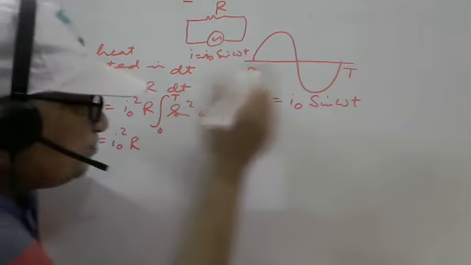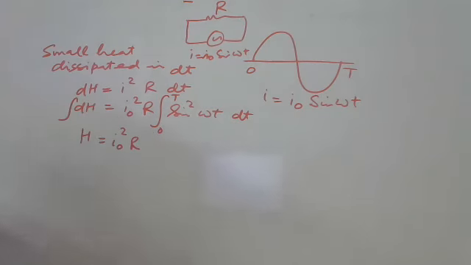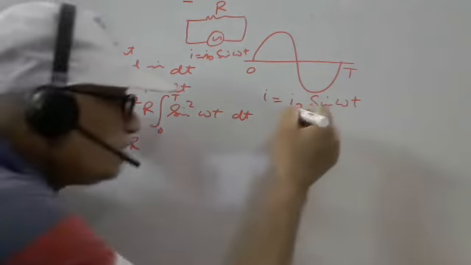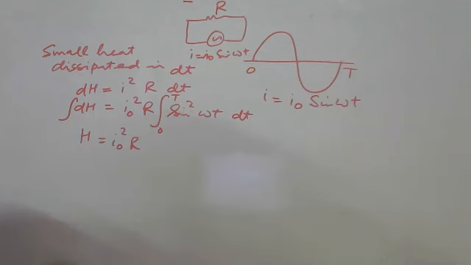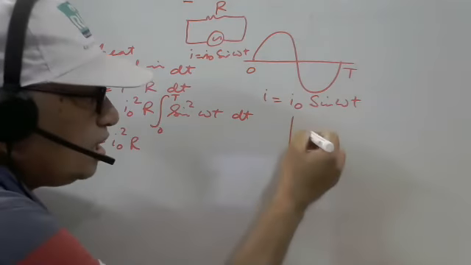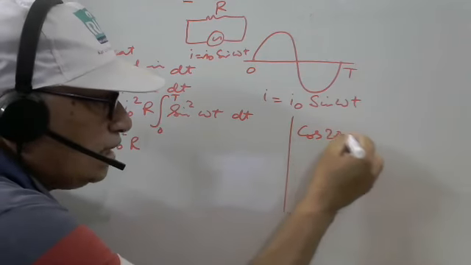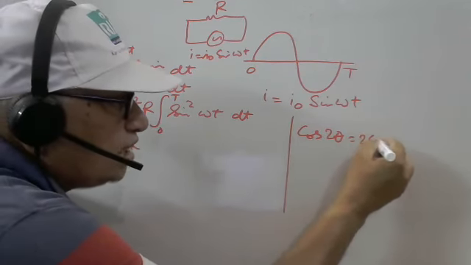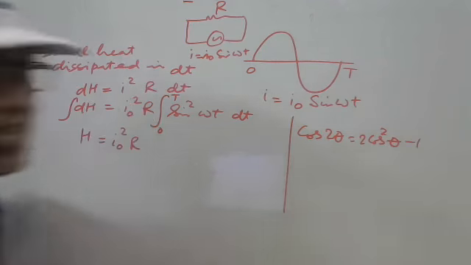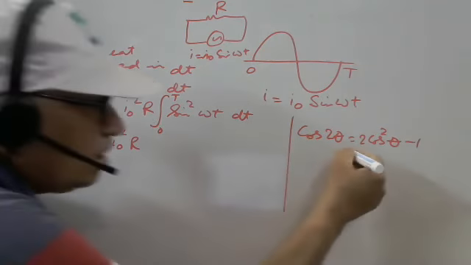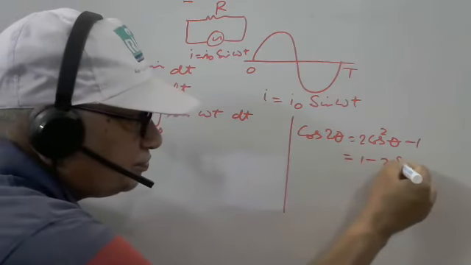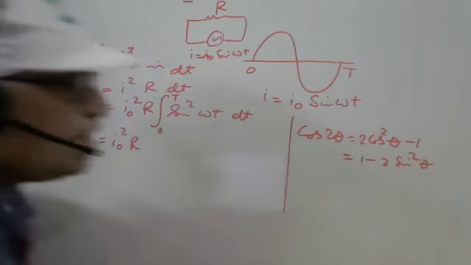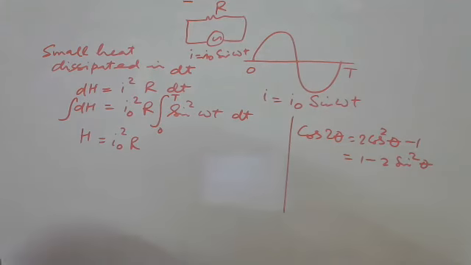What is the cos formula? You should know this formula also. Suppose cos 2 theta is what? 2 cos square theta minus 1. We can write it this way also. This is called the half angle formula. In 11th also, we have discussed this half angle formula.